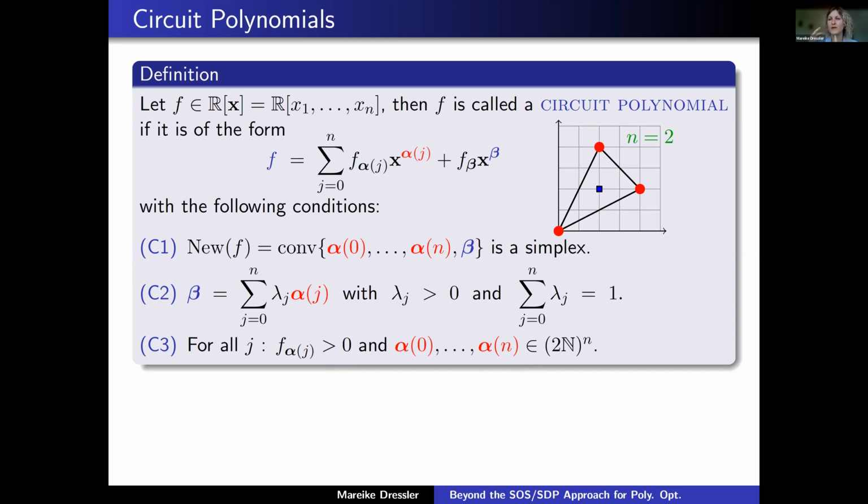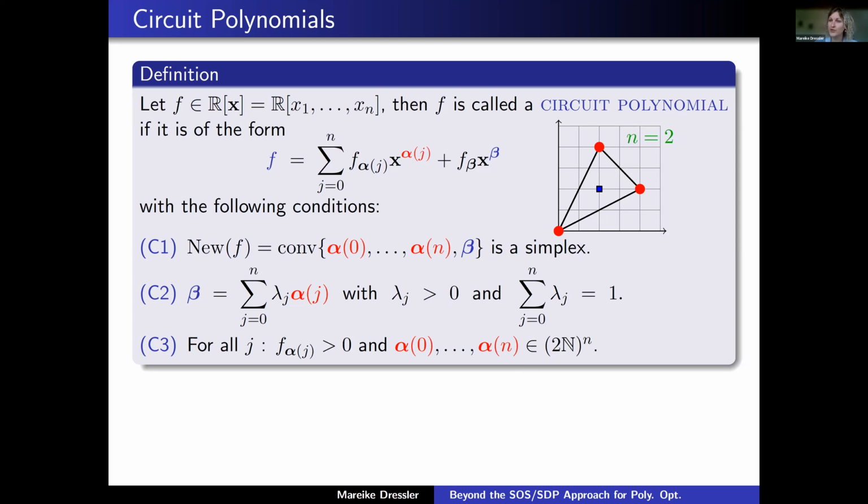If you think about them as vectors, every entry has to be even. So in short, a circuit polynomial has a specific structure in terms of its Newton polytope: the Newton polytope forms a simplex with one additional interior point.